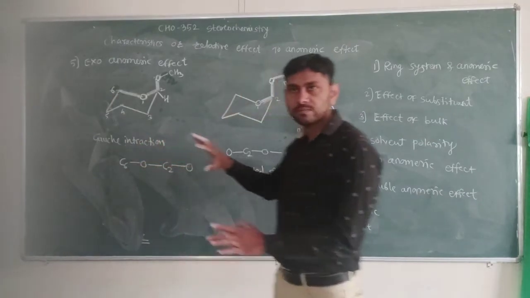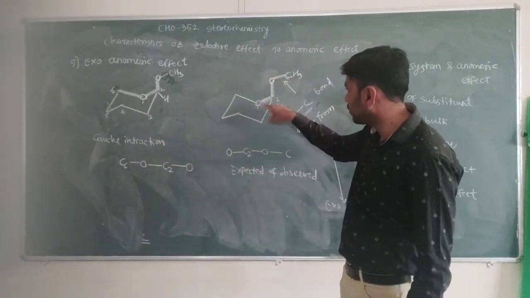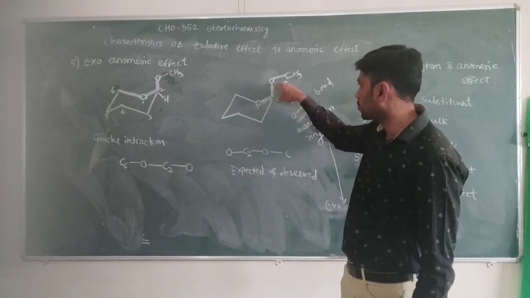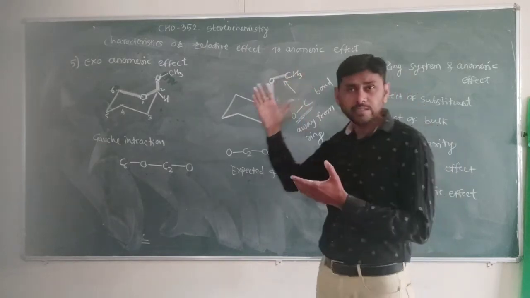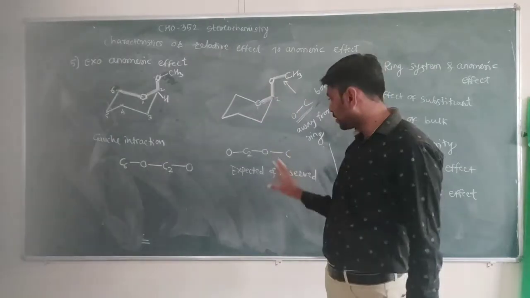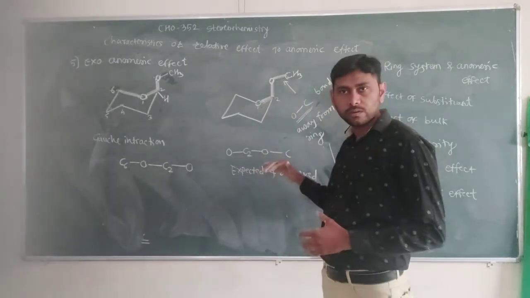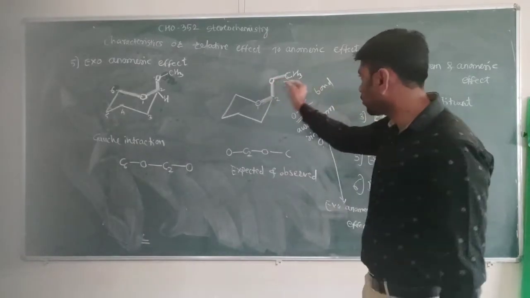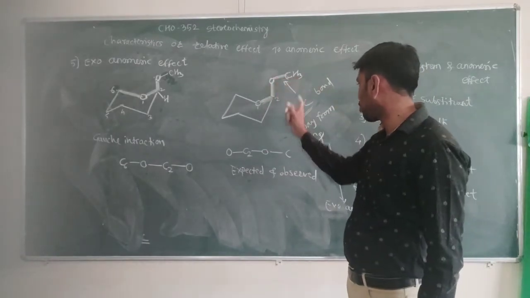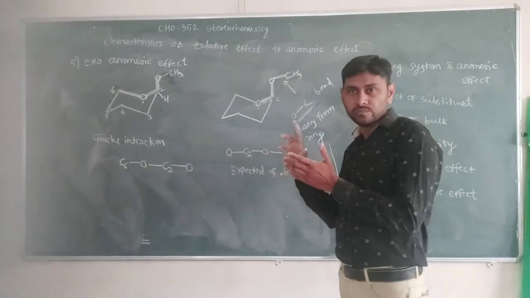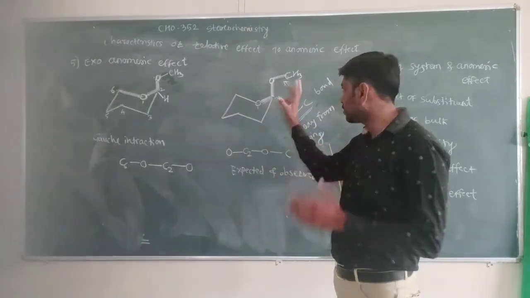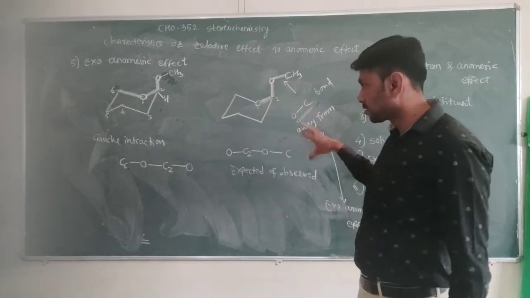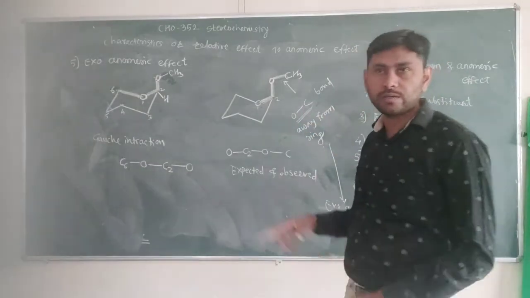So we expect a similar interaction between oxygen and carbon. Similar interaction is observed experimentally, due to which this oxygen carbon bond goes away from the ring, slightly twisted, and this is called the exo-anomeric effect.